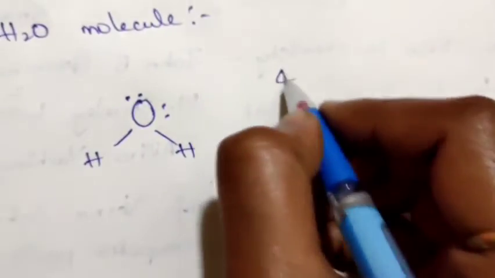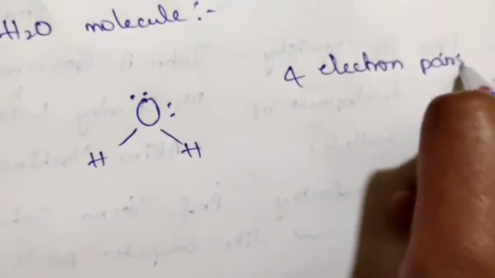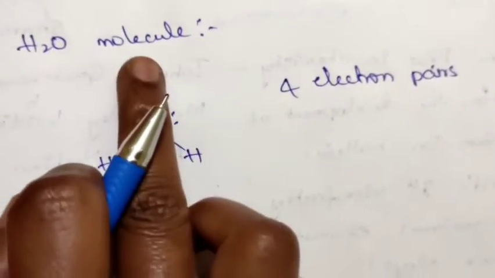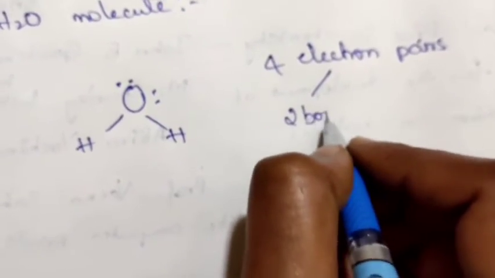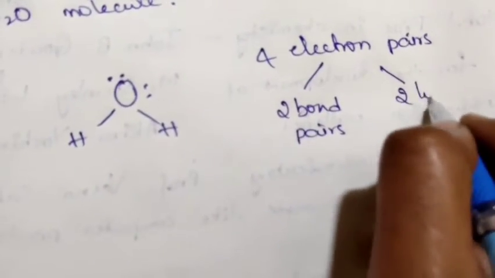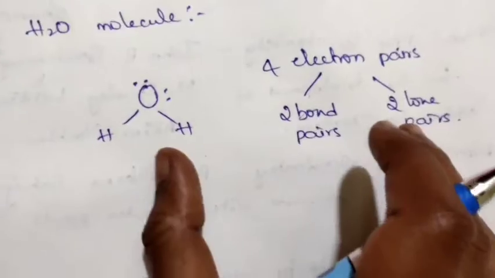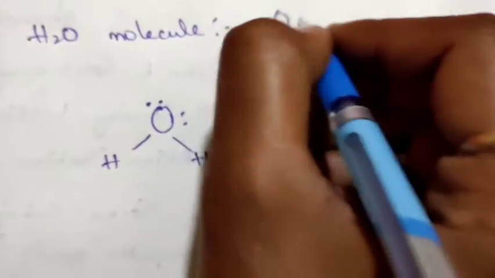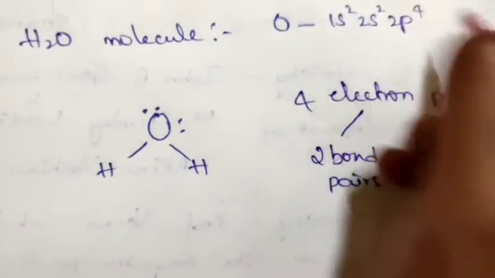Total 4 electron pairs are present in this water molecule. 2 are bond pairs and the remaining 2 are lone pairs. In this one, the oxygen electronic configuration is 1s2, 2s2, 2p4.